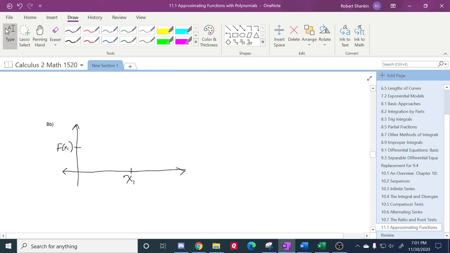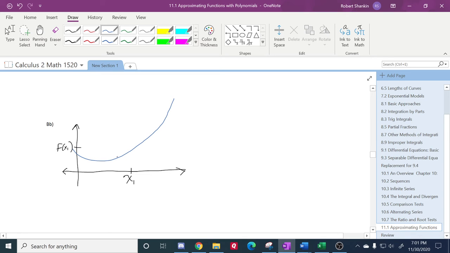Right. Now, situation B. In this case, let's pretend now that we have a function going through that point, but it's going like this.